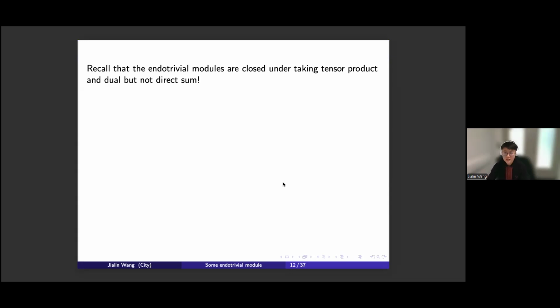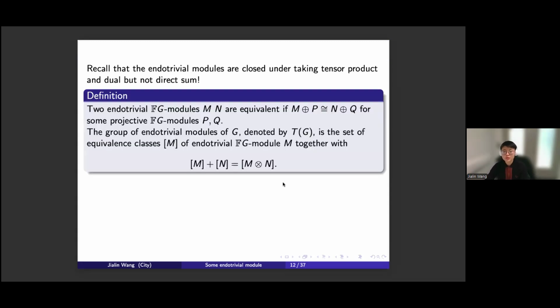So previously, we said that these endotrivial modules are closed under taking tensor product and dual, but not direct sum. So I want to define an equivalence relation on the set of endotrivial modules. We say two endotrivial modules are equivalent if they differ by a projective module.